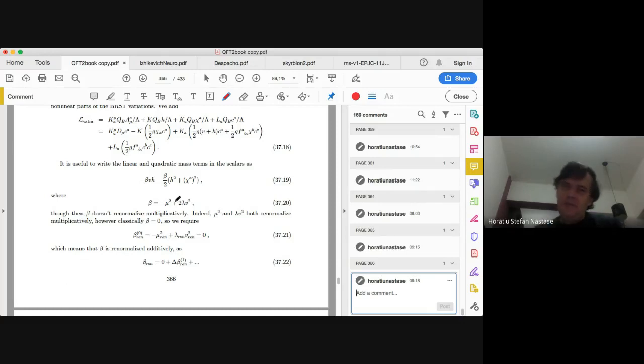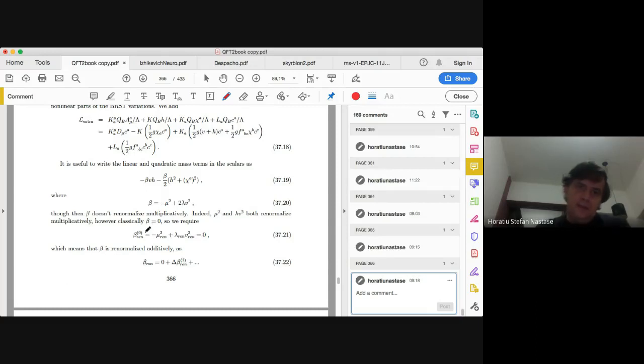Even if it's infinity, it's morally thought of as a small correction in g squared. So then the renormalization of beta is additive.